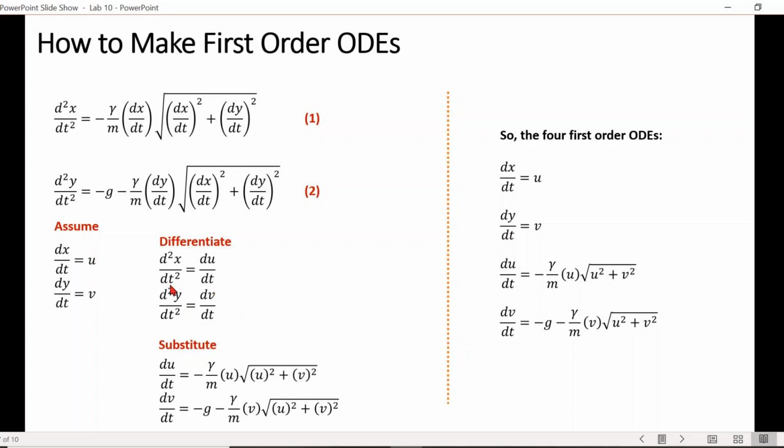Now after defining these first derivatives and second derivatives, if we substitute them into these two equations, we can write it in this form. So now what happens? We can replace these two equations by four first order differential equations, where u equals dx/dt, the first derivative we have already assumed, and v is the first derivative for the other equation, where the variable is y.